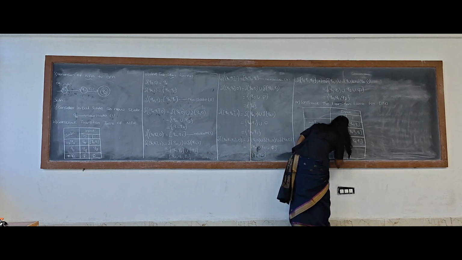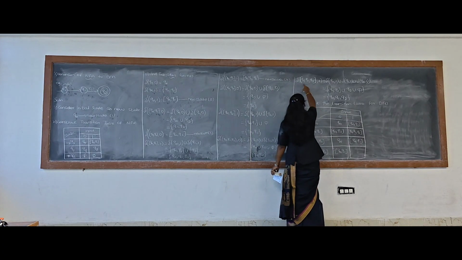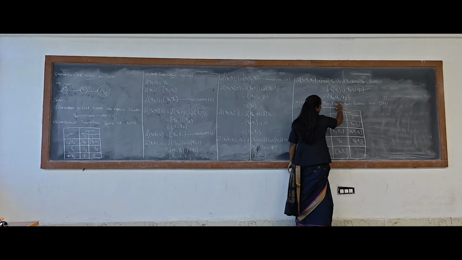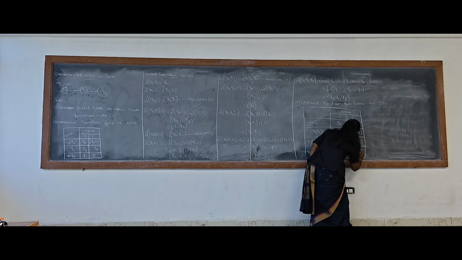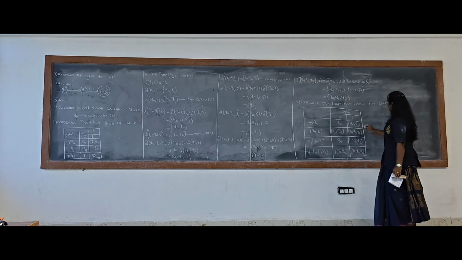And next, Q0 Q1 Q2 reading the input symbol 1 will move to the state Q0 Q1 Q2. So this is the transition table for the DFA. And the final step is the transition diagram.